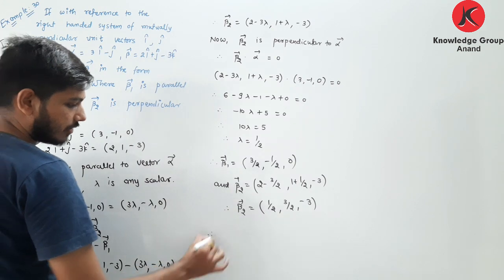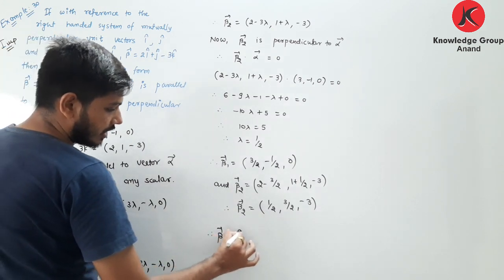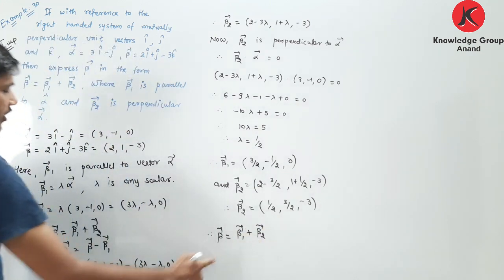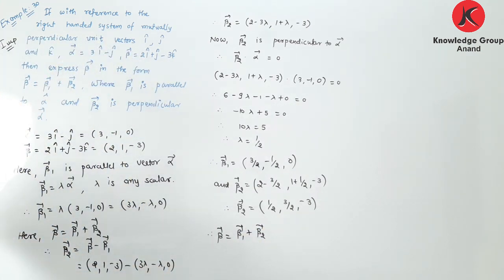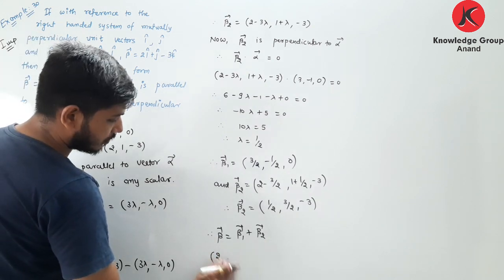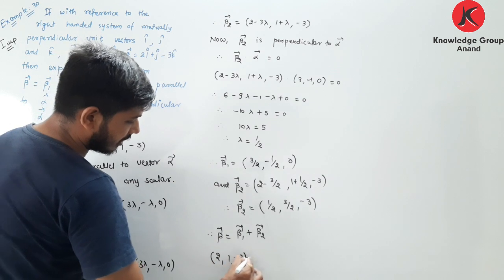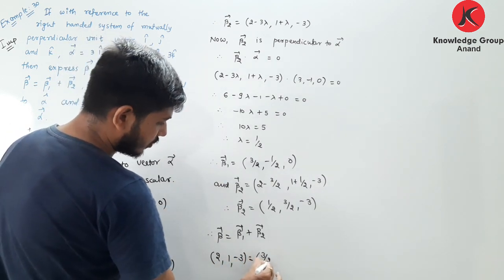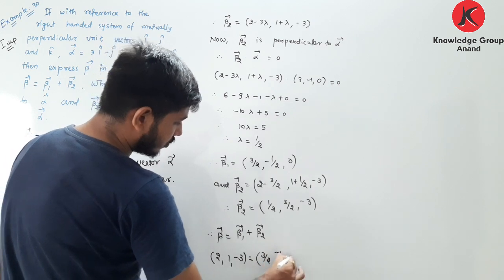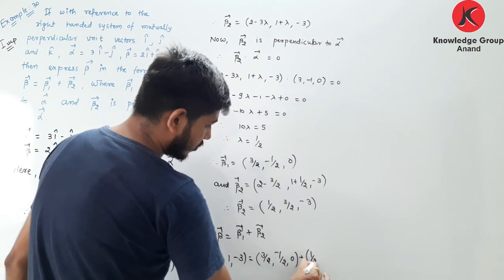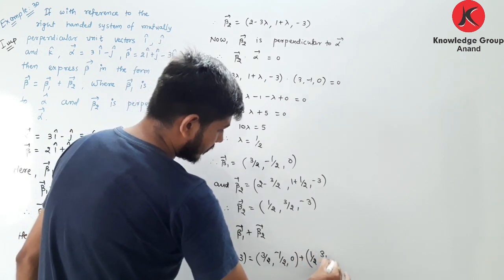Therefore, beta vector can be represented as beta 1 plus beta 2 in the form of 2 vectors. What is beta vector? Beta vector is 2, 1, minus 3, which equals beta 1, 3 by 2, minus 1 by 2, and 0, plus beta 2, 1 by 2, 3 by 2, and minus 3 here.